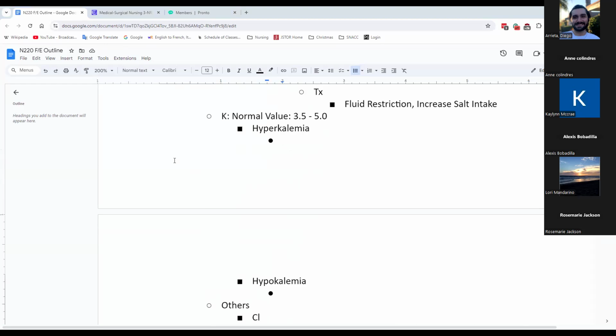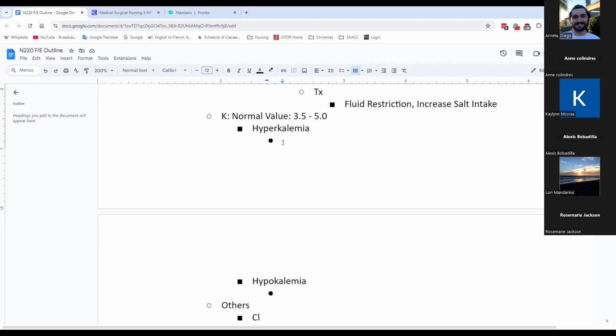Yeah, the majority of your potassium is inside the cells, and the change to your intravascular volume doesn't affect the potassium as much. So generally, your hyper and hypokalemia are treated the same way, regardless of whether it's related to some influence by your intravascular fluid.